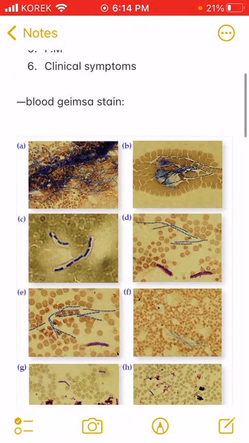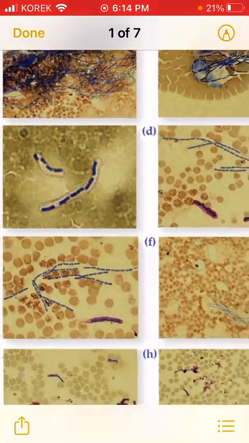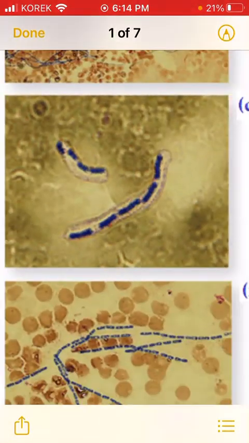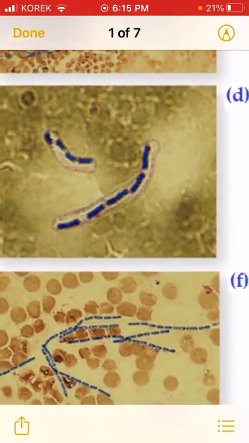Here, the first thing, we have blood Giemsa stain. We have not just blood stain, we have some different variations of detection. Here, guys, we can see the rod shape, bacilli. It's a gram-positive rod-shaped bacterium, and it's capsulated.